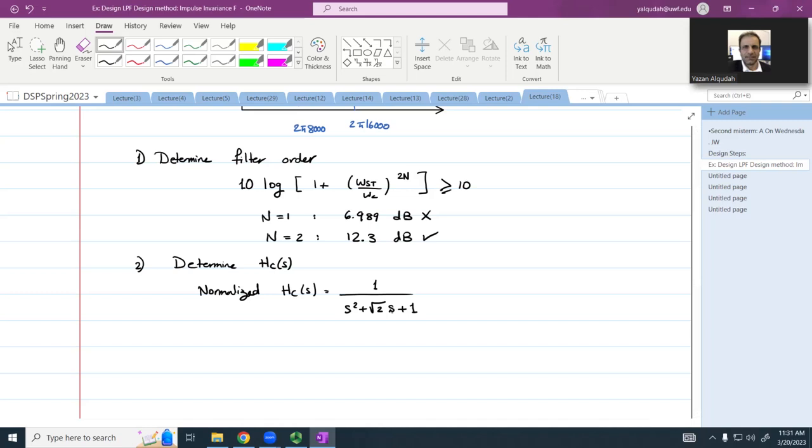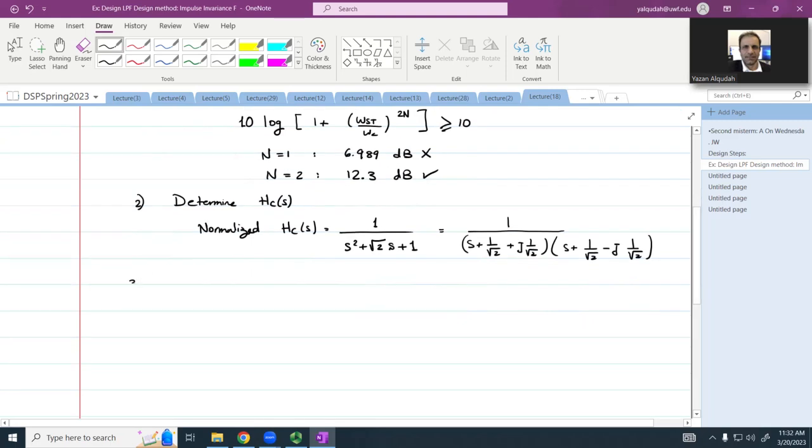And we can write this in factored form. This is the same as 1 over the product of S plus 1 over square root of 2 plus j multiplied by 1 over square root of 2, and S plus 1 over square root of 2 minus j multiplied by 1 over square root of 2. The next step, we're going to unnormalize.